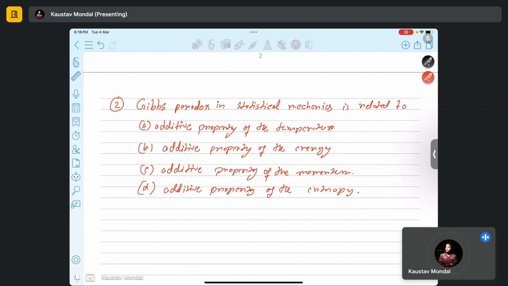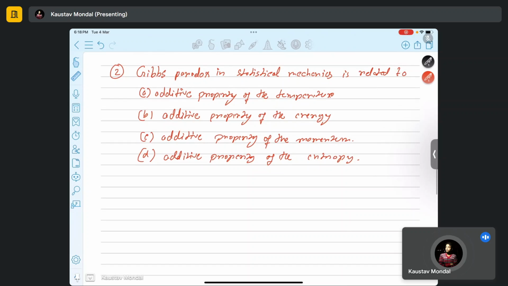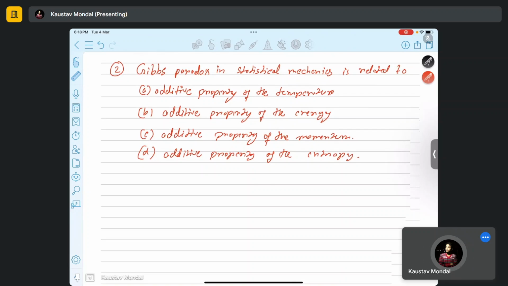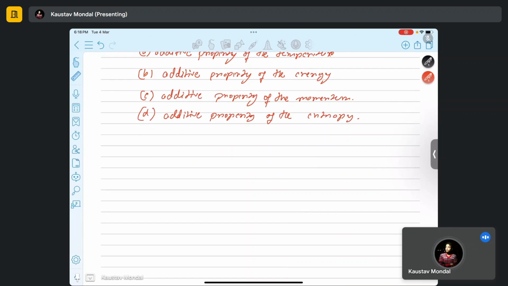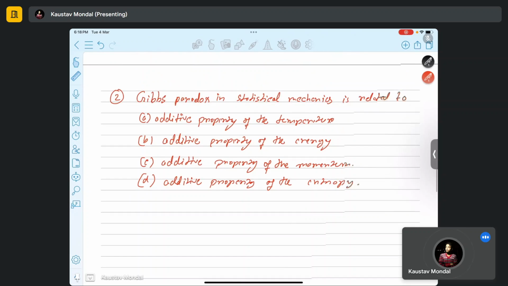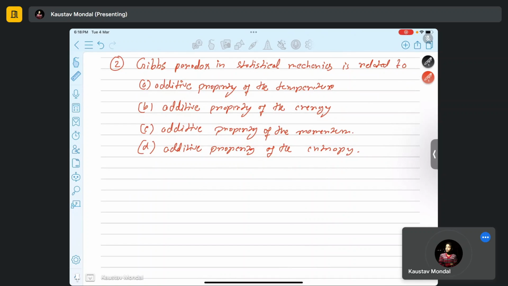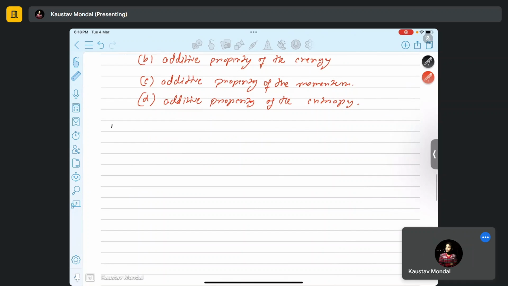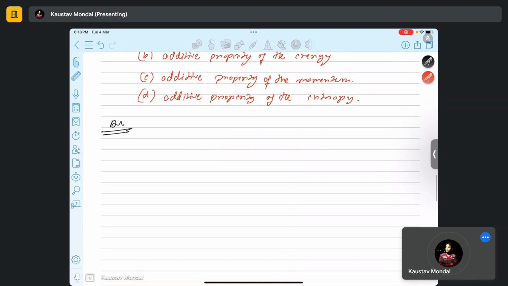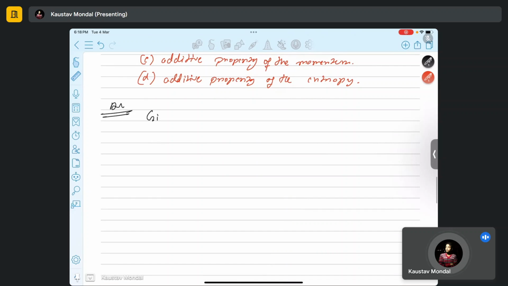So before discussing what would be the correct answer, let me just briefly explain what the Gibbs paradox actually is. How does this Gibbs paradox come about?